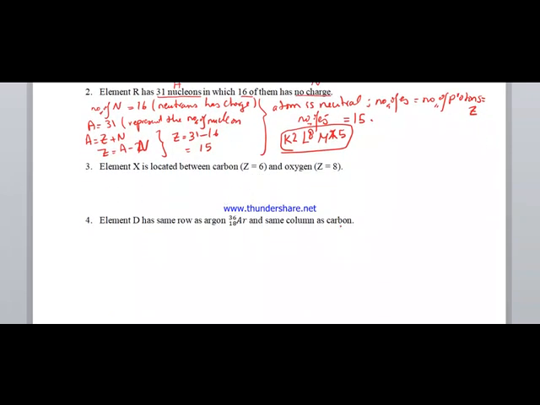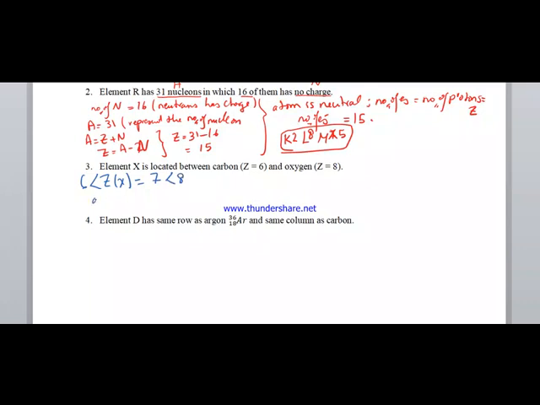The third element X. Okay, element X is located between carbon and oxygen. Since it's located between carbon and oxygen, the atomic number of element X is equal to 7, since it is greater than 6 and less than 8.